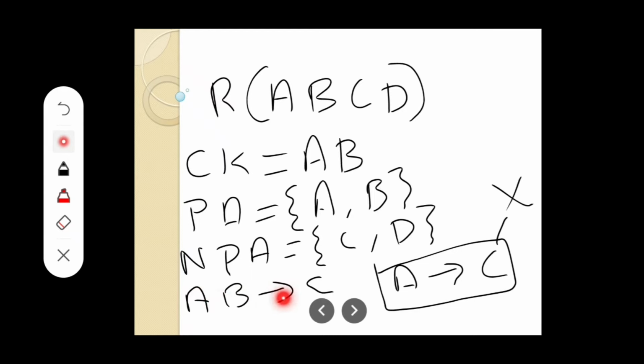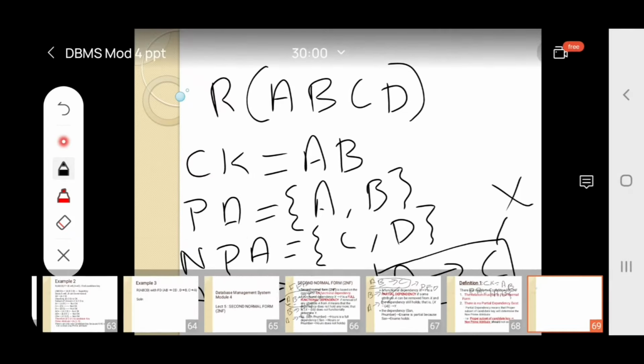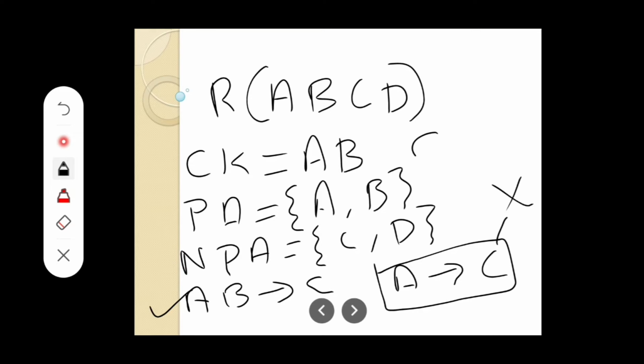But we can have another kind of dependency. A functional dependency like AB determining C can hold, that is, the candidate key determining C. That is true: a candidate key determining a non-prime attribute. Okay, another functional dependency. I am writing another one: C determining D. What is C determining D? C is a non-prime attribute, and D is a non-prime attribute.